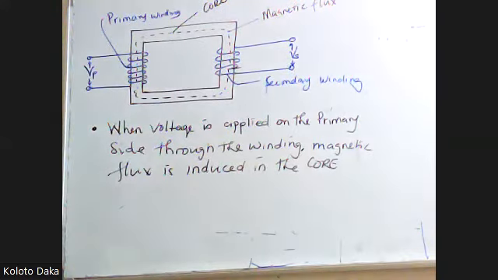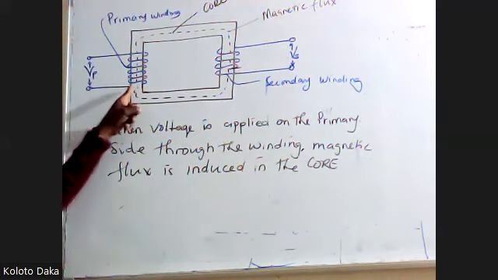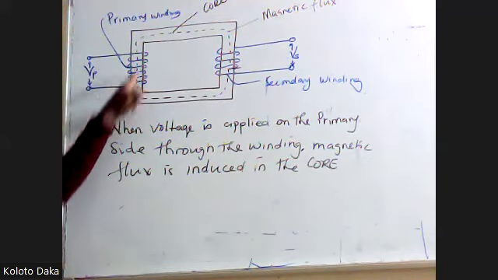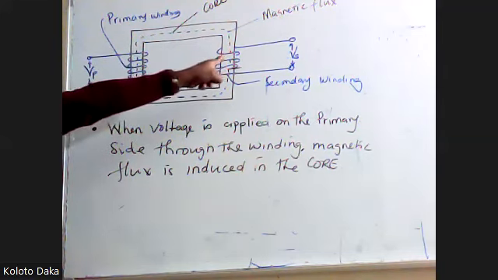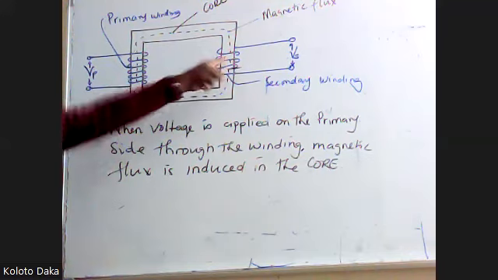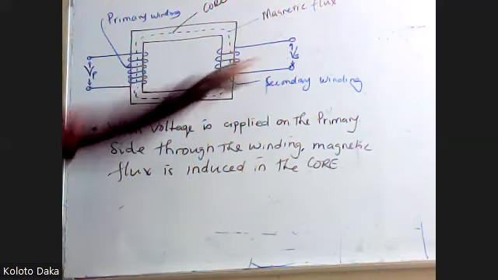So now, ladies and gentlemen, you apply voltage here, it induces what? Flux. When this flux meets a secondary winding, what does it do? It induces the voltage in the winding.